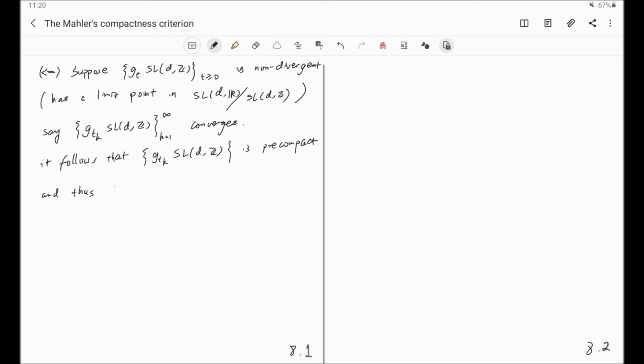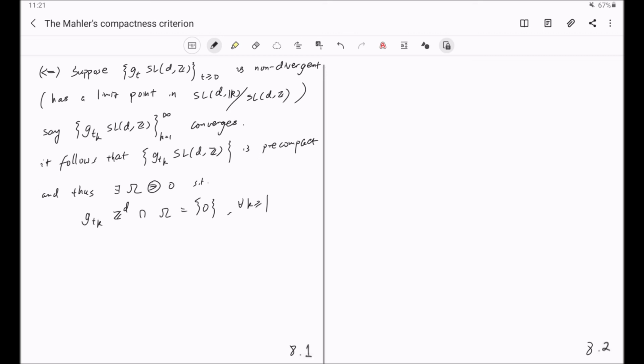So we have a neighborhood omega of the origin, where this notation in my lecture series always means a neighborhood, such that g_{t_k} Z^d intersection omega is equal to just the origin, no other point, for any k greater or equal to 1.